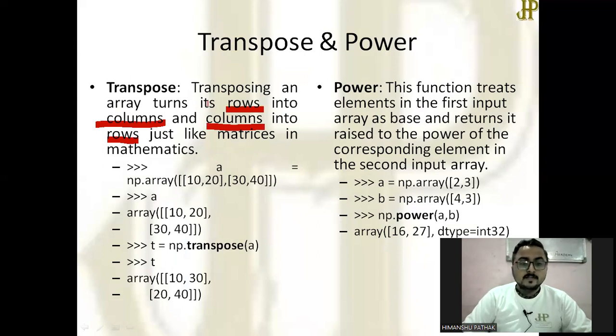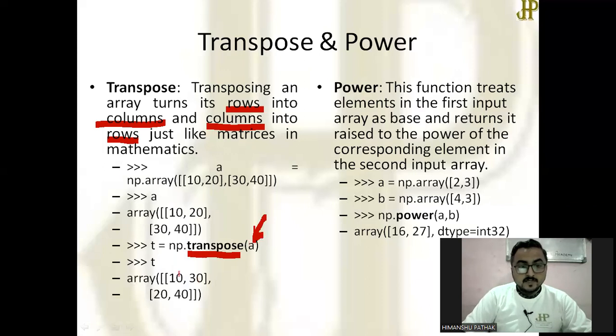Here you can see I have taken a two-dimensional array, that is 10, 20 as the first row and 30, 40 as the second row. The 10, 20 row becomes a column if you perform the transpose function and supply one argument, that is the array itself.